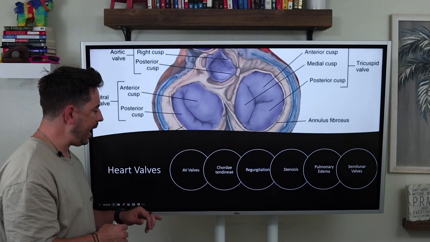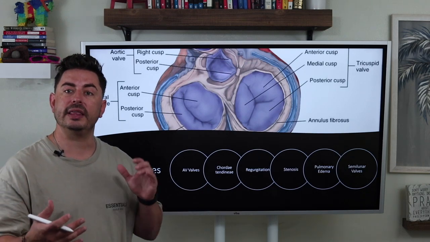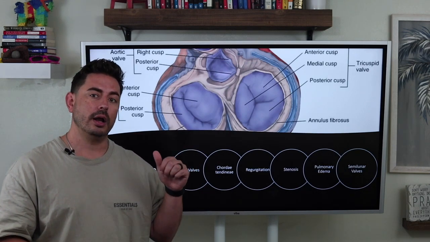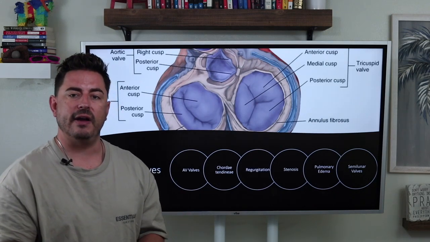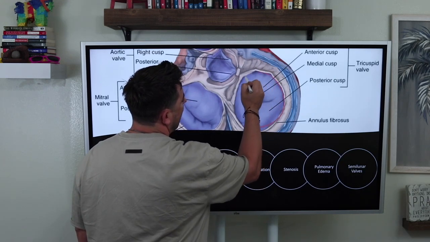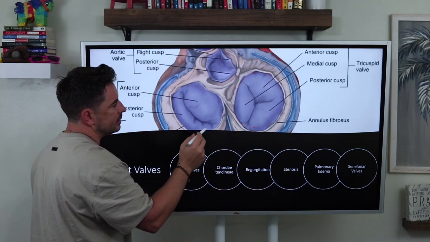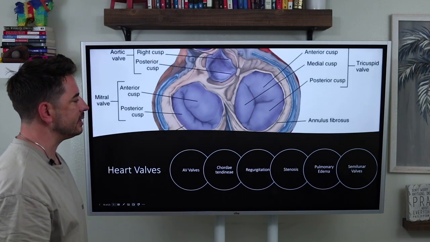Now, the AV valves are the ones that are between the atria and the ventricles. So our tricuspid and our bicuspid. When we look specifically at the tricuspid valve, it has 3 flaps. And the way I like to look at this is like the Mercedes-Benz sign. So it looks like the Mercedes-Benz.